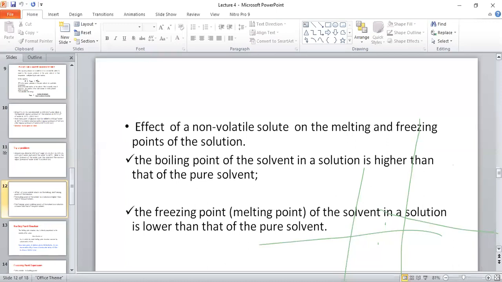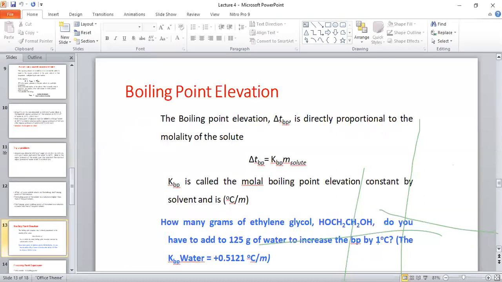If water freezes at 0 degrees centigrade, by the time you have added a solute to that water, the freezing point will become lower than that of the pure water, not just for water, for any solvent. When you add solute to it, the freezing point will be lower, and the boiling point will be higher than the pure solvent. So now let's look at the boiling point elevation.